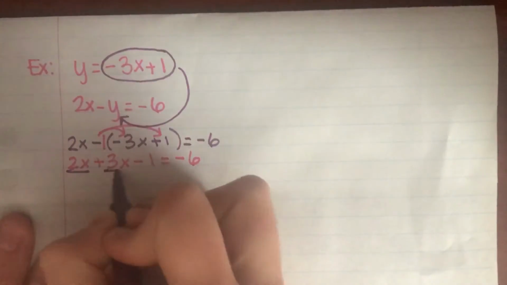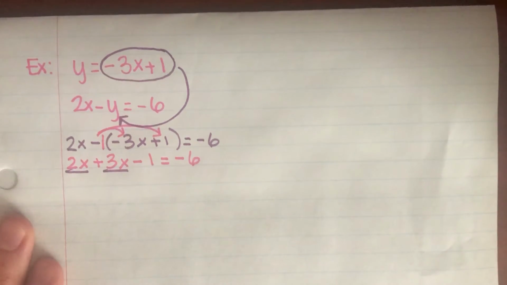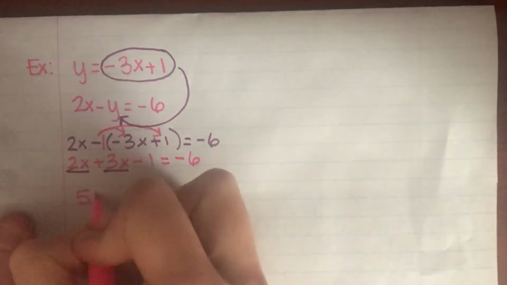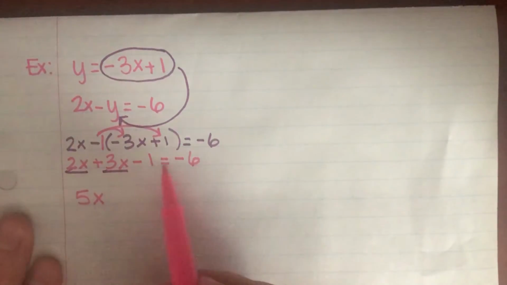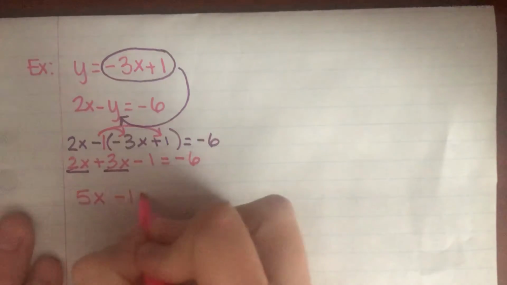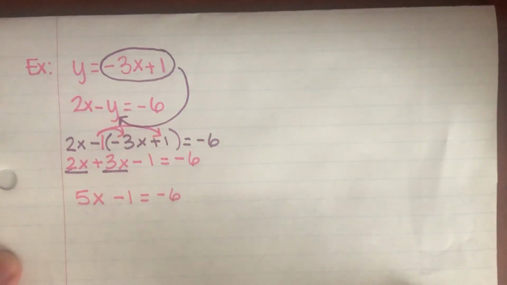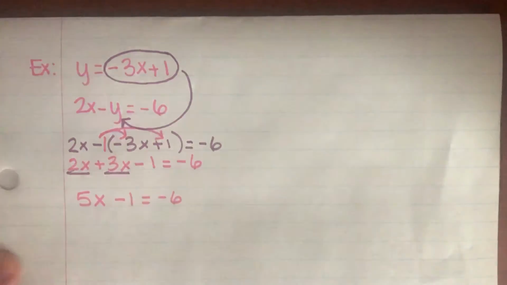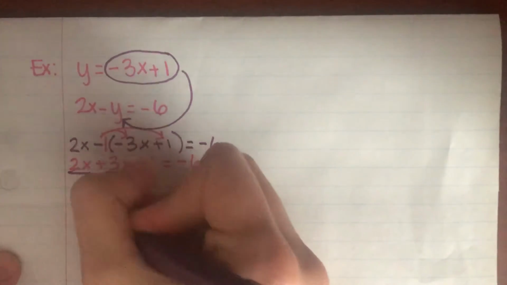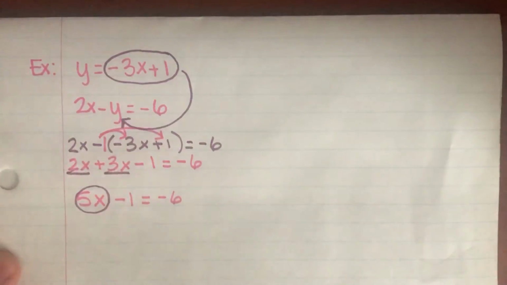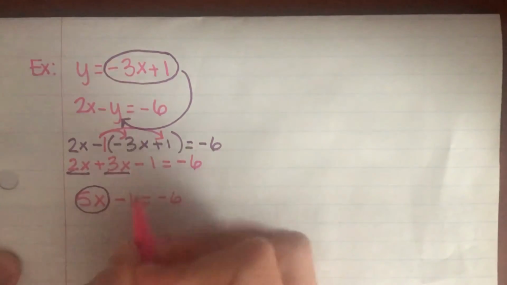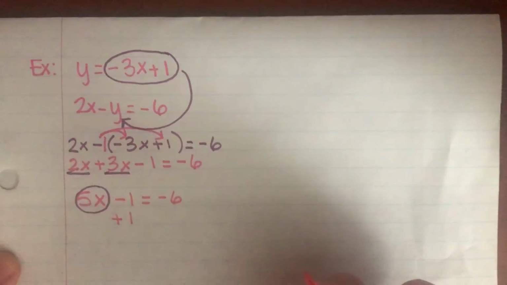My next step is to combine like terms. So we're combining 2x and 3x, which will give me 5x. And then we're rewriting what we have. So this is 5x minus 1 equals negative 6. And I want to isolate x here. So I'm going to start by isolating my x term. I want to get rid of my negative 1, so I add 1.